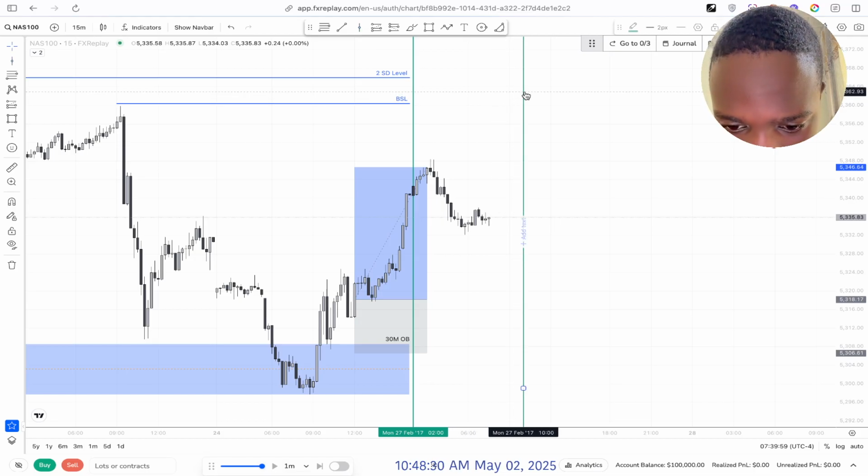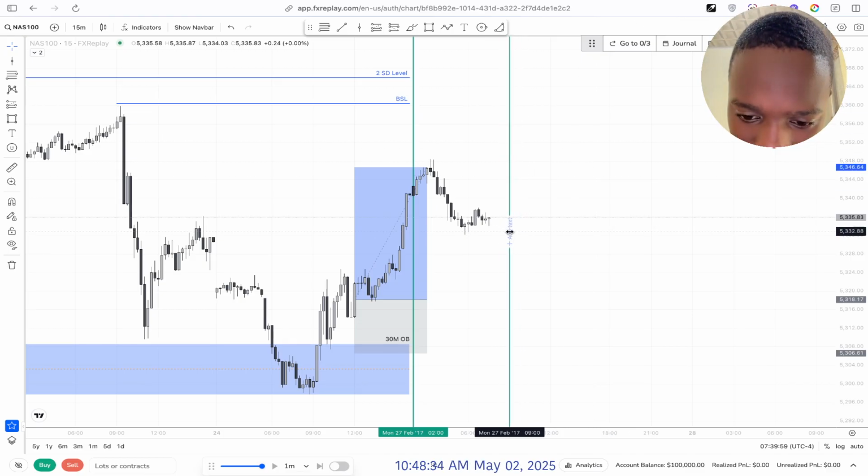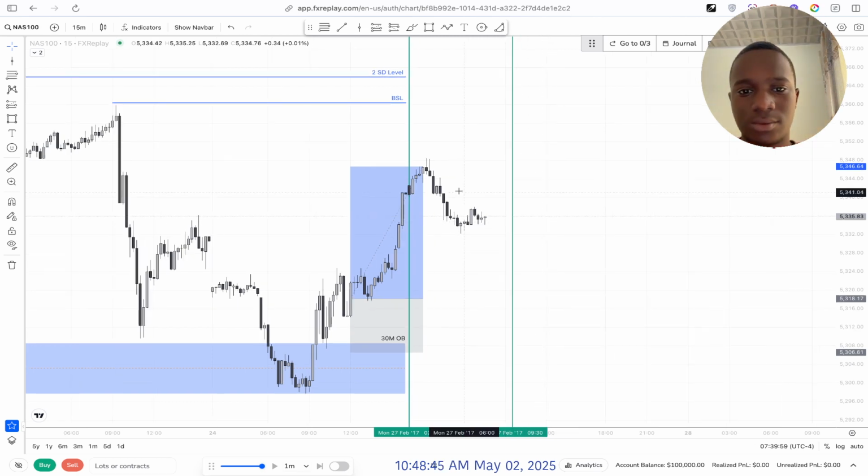At 10, this is where London session ends, but let's put this one at 9:30 because when New York session has started, we can expect these few hours before it to be the kill zone in between here. So you can see the London high right here.